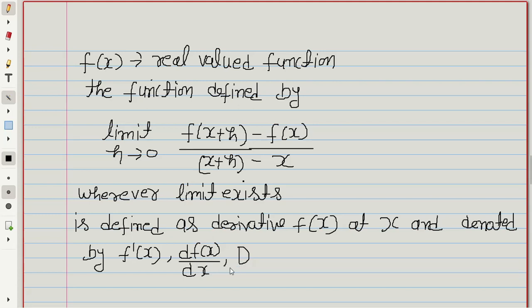It is also denoted as y dash, and many more notations.